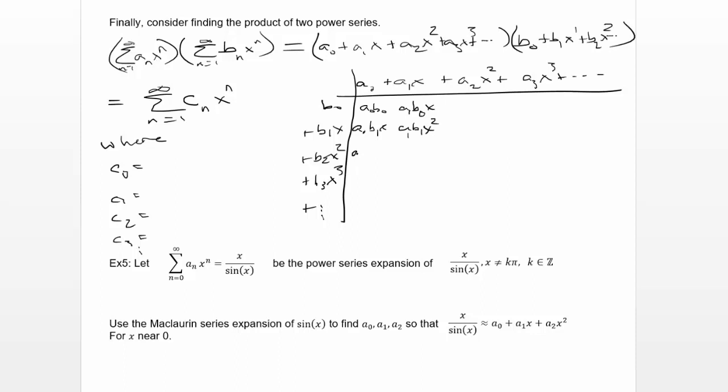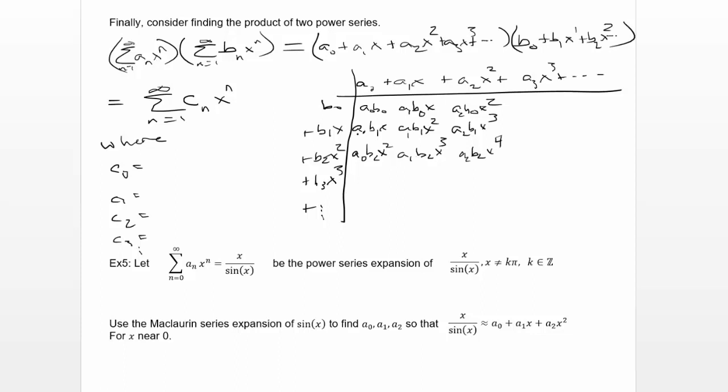I'll do a few more. a0 b2 x squared times a constant is x squared. a2 b0 times x squared. b2 times a1x, x squared times x is x cubed. b1 times a2, x times x squared is x cubed. b2 times a2, x squared times x squared is x to the fourth.